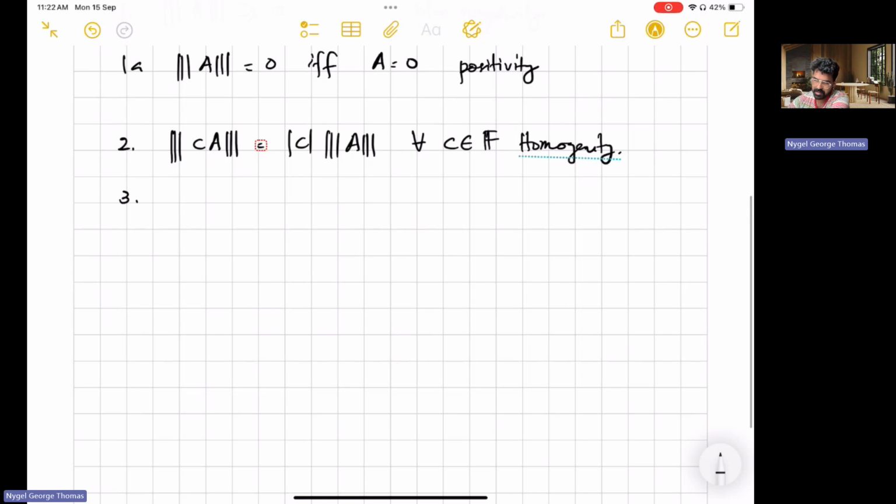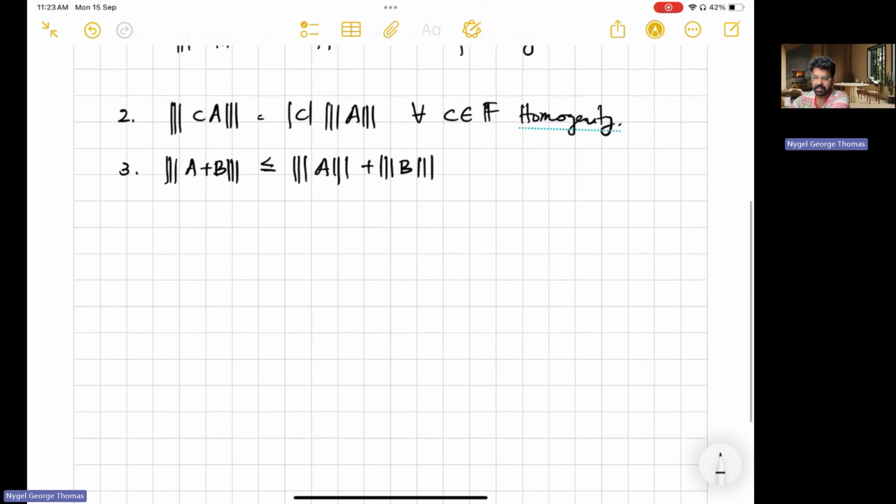The third thing is the triangle inequality: matrix norm of A plus B is less than or equal to matrix norm of A plus matrix norm of B. And these are all the properties which we have for vector norms as well.